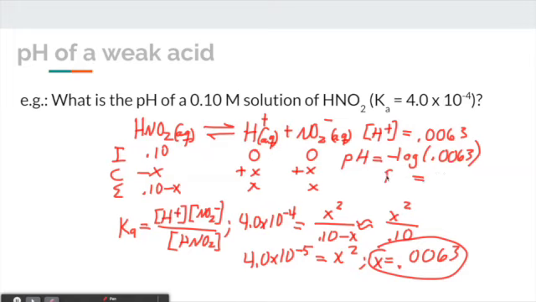And that number is 2.20. Remember, I'm taking the log of a number that has two significant figures, so that means the number that I end up with is going to have two decimal places. That's the sig fig rule there.